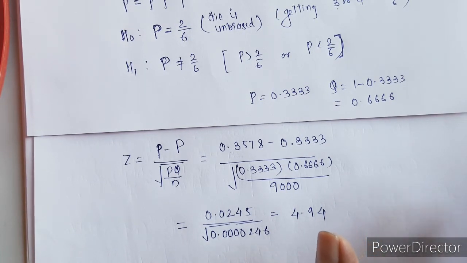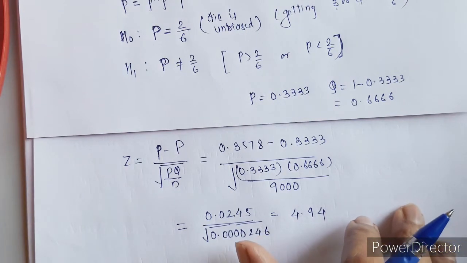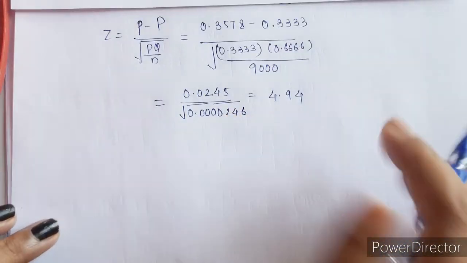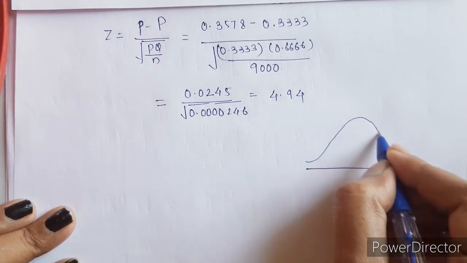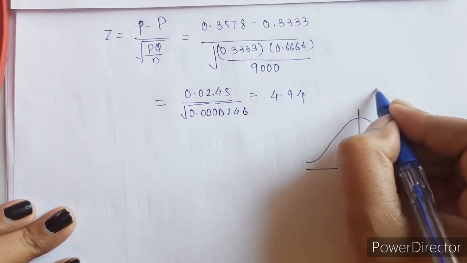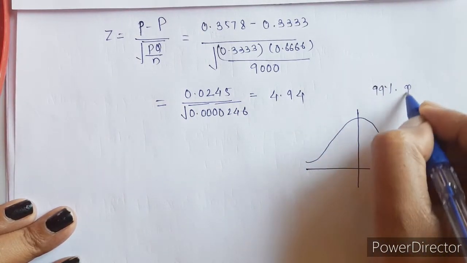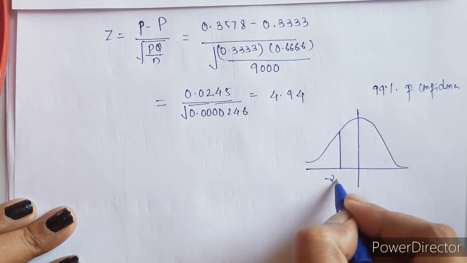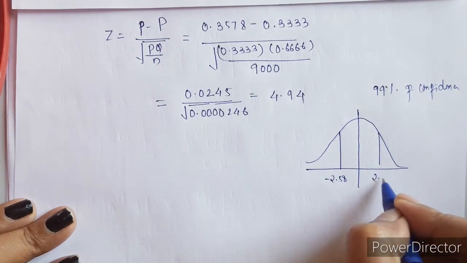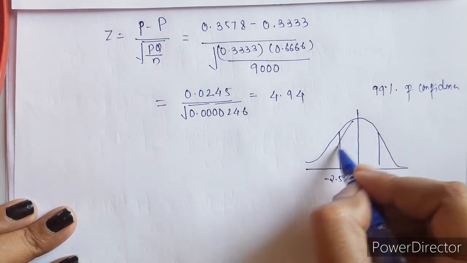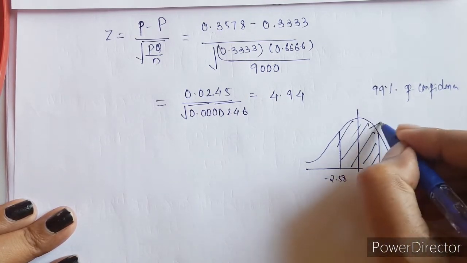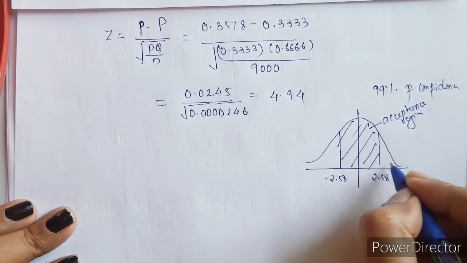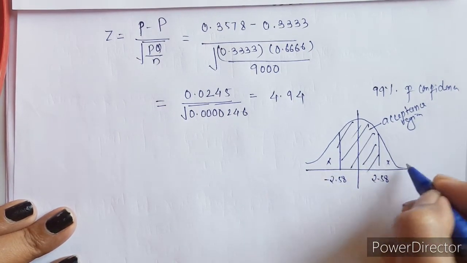So I am taking the highest one, that is 99% of confidence. Even for 99% of confidence, our acceptance region is in between minus 2.58 and plus 2.58. So this is our acceptance region, and the remaining ones, this and this, are critical regions.